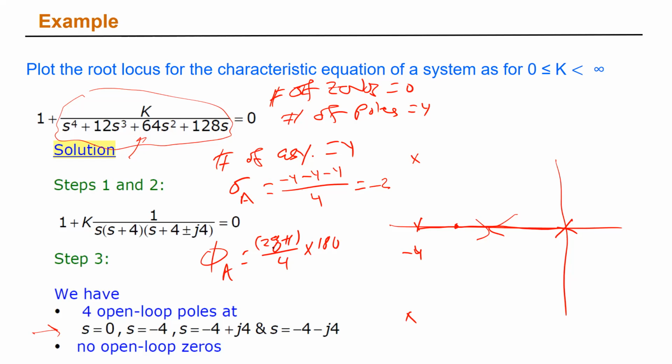If q equals 0, we have 45. So this is 45. It must be symmetrical, so I must have the minus 45. Then extend this one and extend this one. You can do the calculation, but this is basically what you will have.